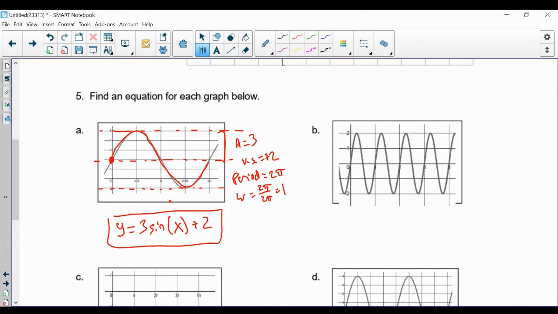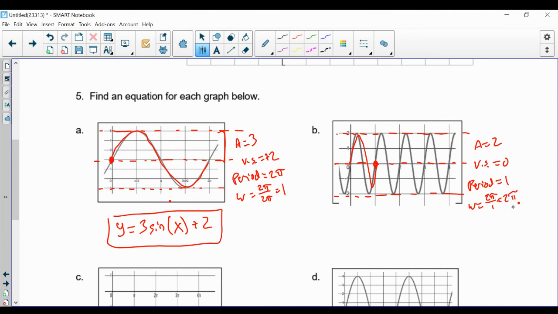Okay. So the next one, same idea. I'm going to go ahead, max, min. I did that backwards, but that's okay. So my center is right there. That means there is no vertical shift because the center is at 0. My amplitude, though, is 2. And my period, if you can't see that, is 1. So my period is 1, which means my W is going to be 2 pi over 1.